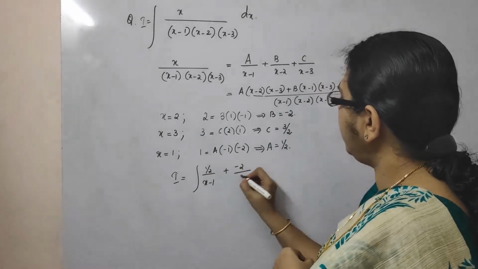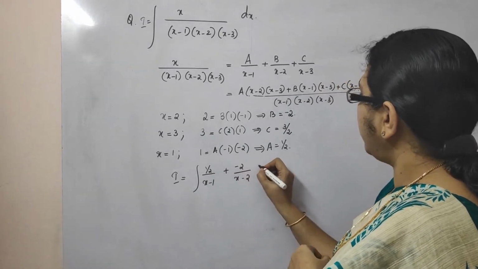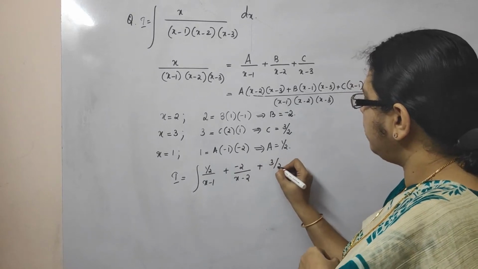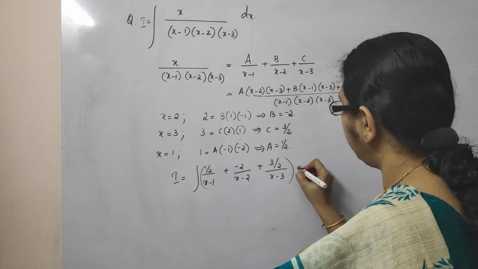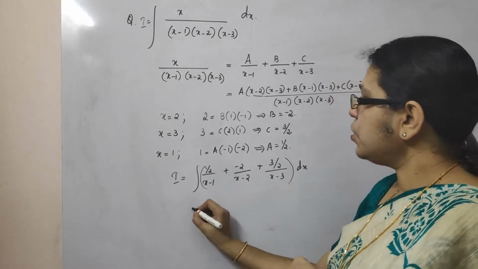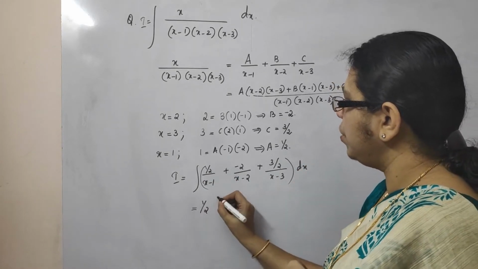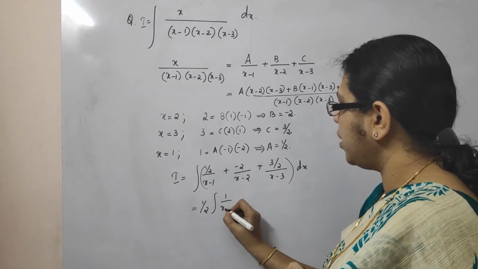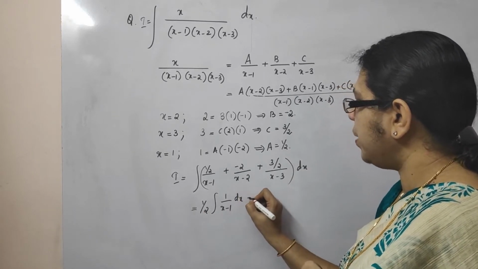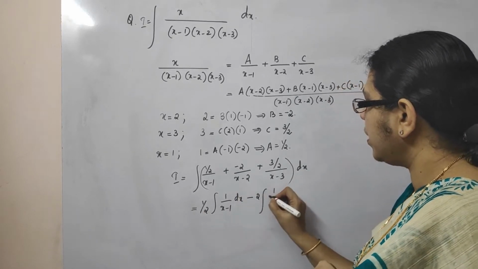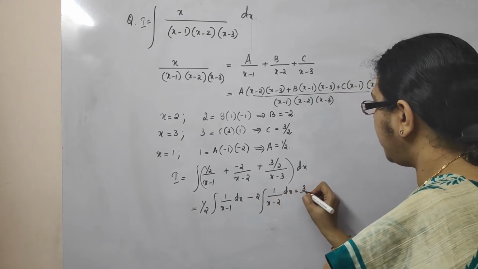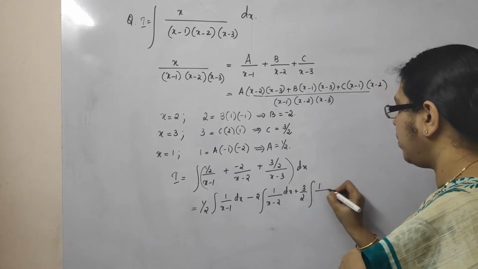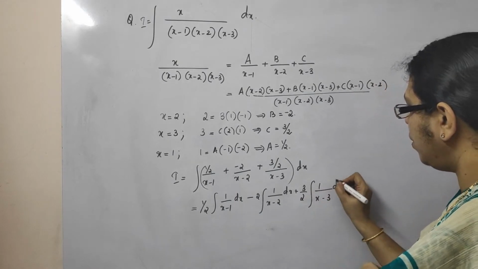Minus 2 by x minus 2 plus c is what? 3 by 2 by x minus 3 into what? Dx. Now, this could be written as 1 by 2 into integral of 1 by x minus 1 into dx. Now, I am splitting it. Minus 2 into integral of 1 by x minus 2 into dx plus 3 by 2 into integral of 1 by x minus 3 into dx.